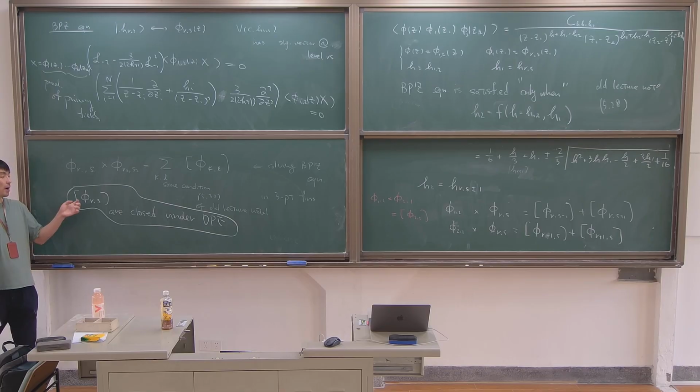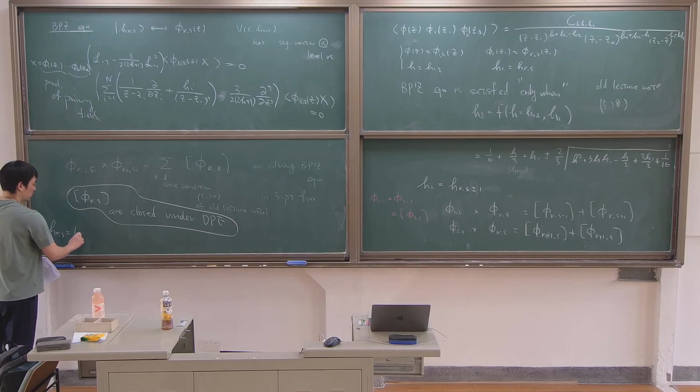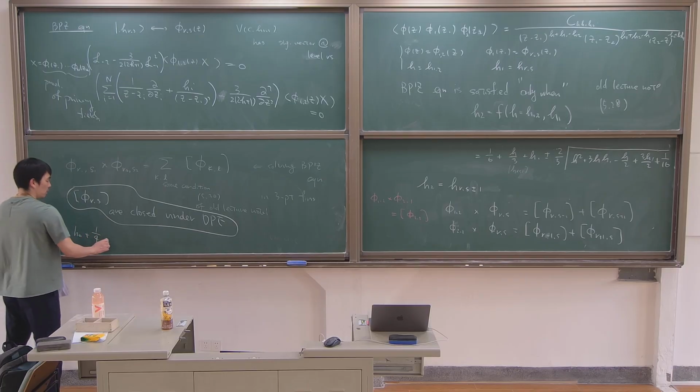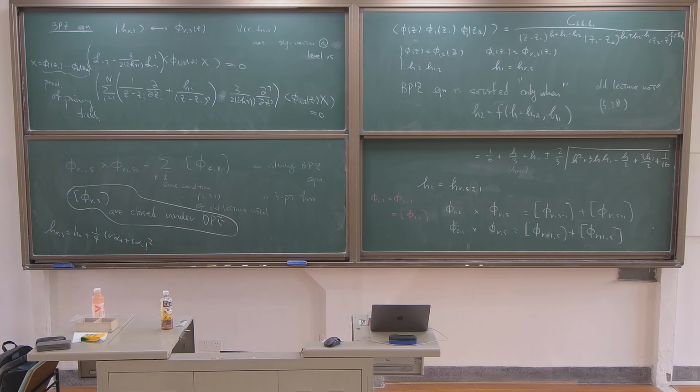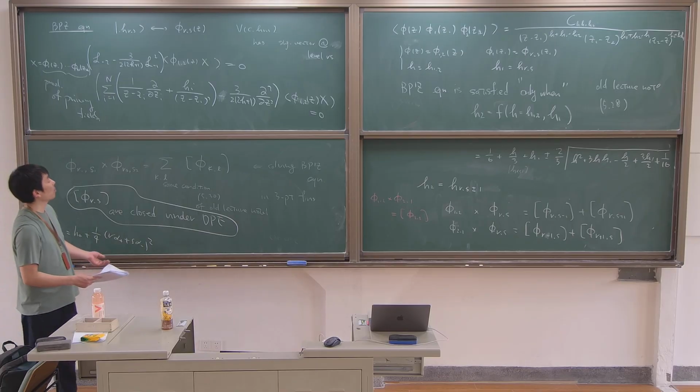So if you have a primary field with conformal weight given by H0 plus 1 over 4 (R alpha plus minus S alpha minus) squared, as far as I remember, such an infinite family of primary fields is closed under the OPE. That's the important point.